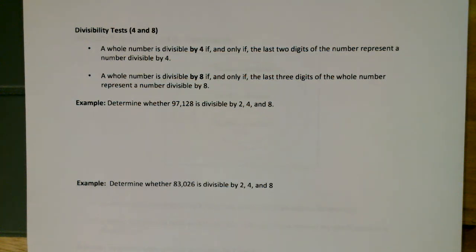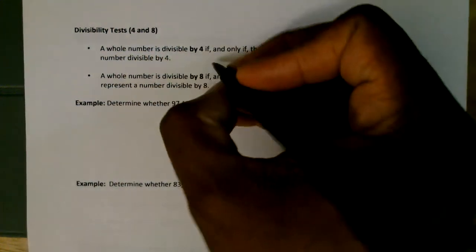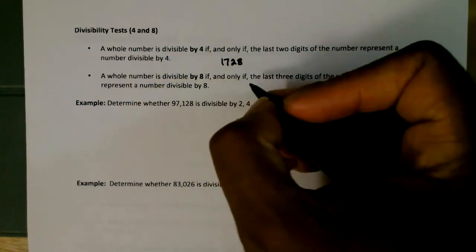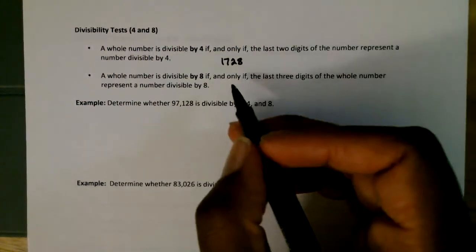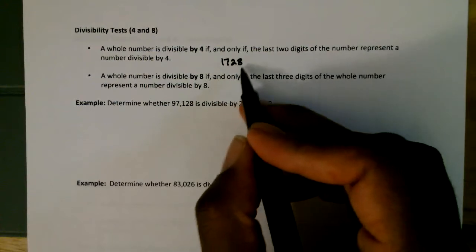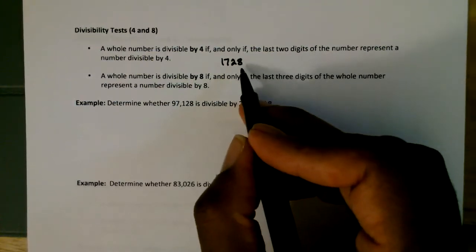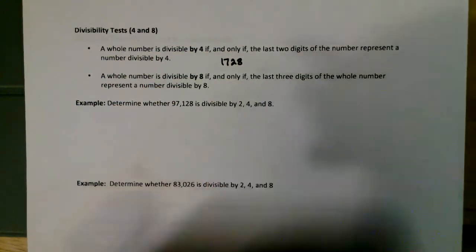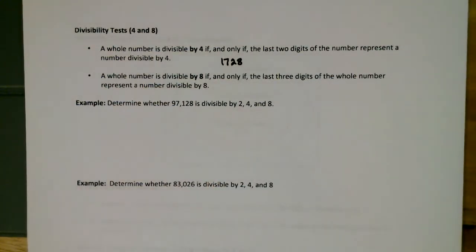And a whole number is divisible by 8 if and only if the last three digits of that whole number represent a number that is divisible by 8. So for divisibility by 4, let's say 1,728. This is divisible by 4 because if you look at the last two digits, 28, that is divisible by 4. So 1,728 would be divisible by 4.